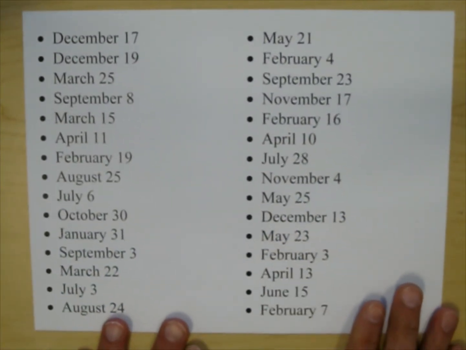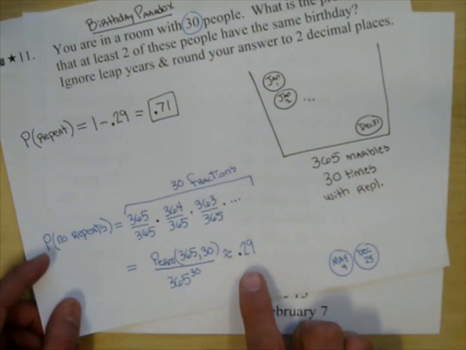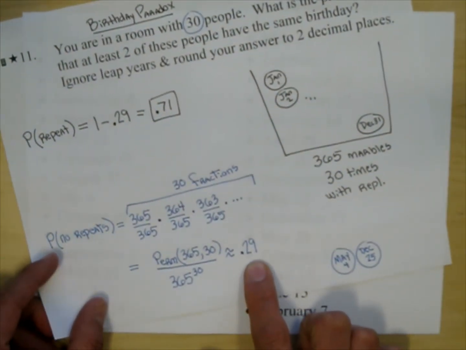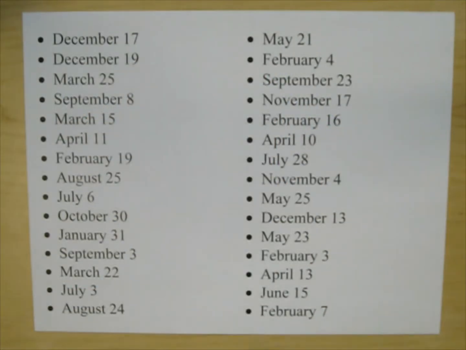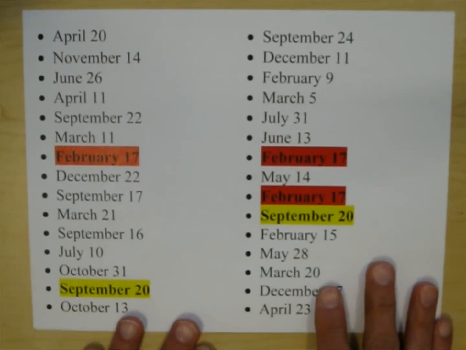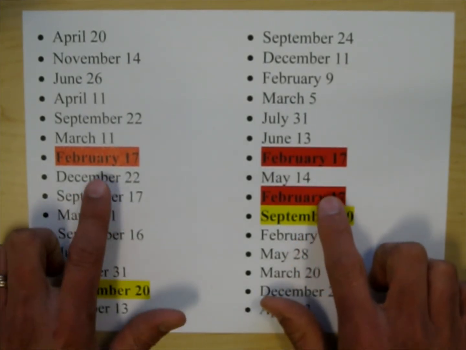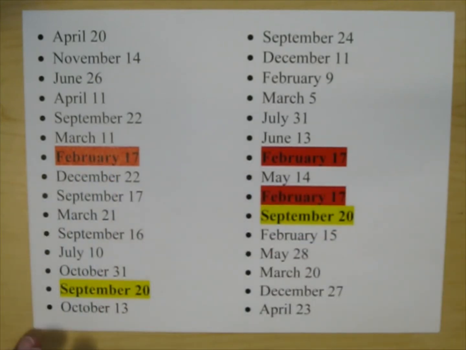I generated 30 random birthdays and I did not get a repeat. Now you might go, aha, Joe, it goes against the math. No, it doesn't. There's a 29% chance that this will happen. Okay, trial number 3. I went ahead and did this again, and these are random birthdays. I got a repeat. I got September 20th, and then look, February 17th popped up 3 times.